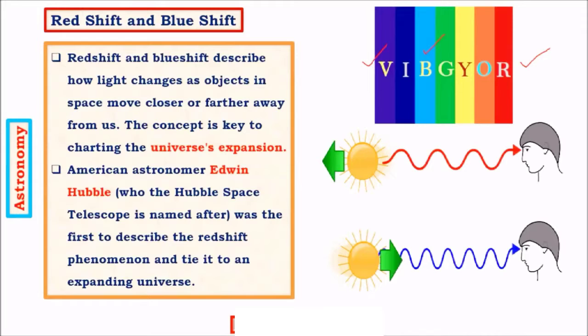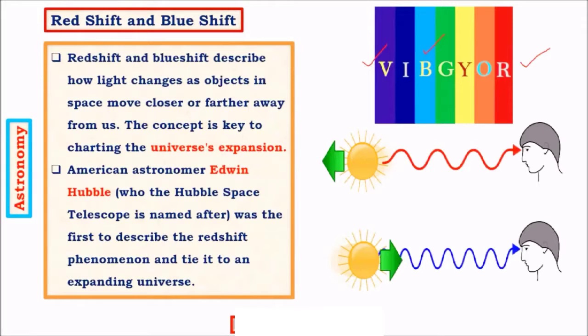So how is this concept important? When an object moves far away, it moves from the blue end of the spectrum towards the red end of the spectrum. As a result, the red part of the electromagnetic spectrum becomes visible to our eyes. Whereas when an object moves closer to us, the object shifts from the red end of the spectrum to the blue end of the spectrum, and hence it starts appearing blue.